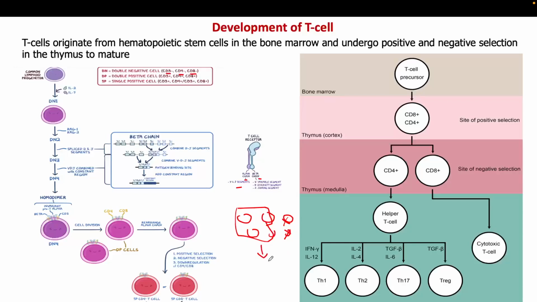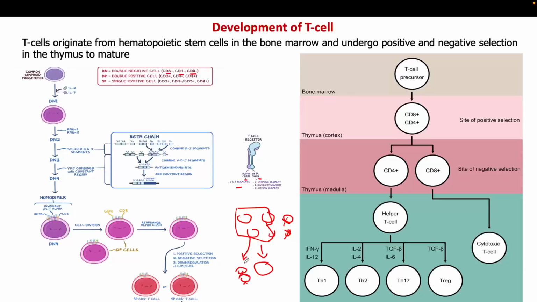In negative selection, those T cells which have a higher affinity for self antigen will also go for apoptosis. So these cells, which have a higher affinity for self antigen, also die.